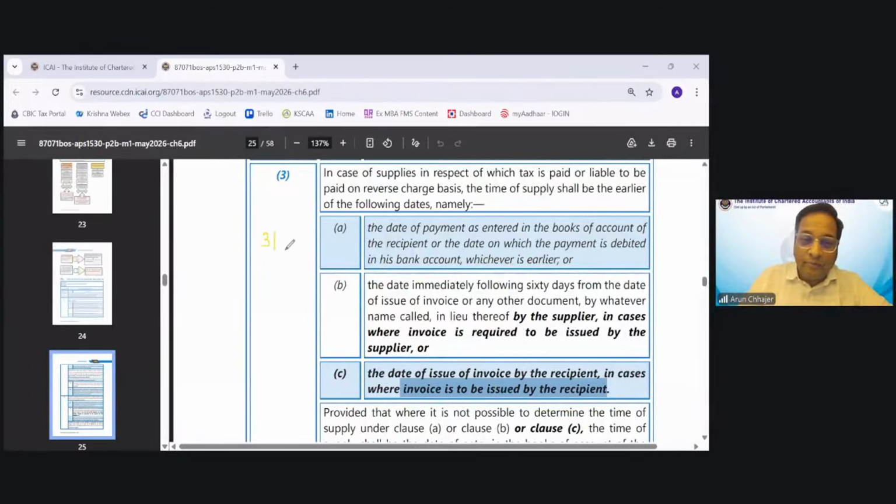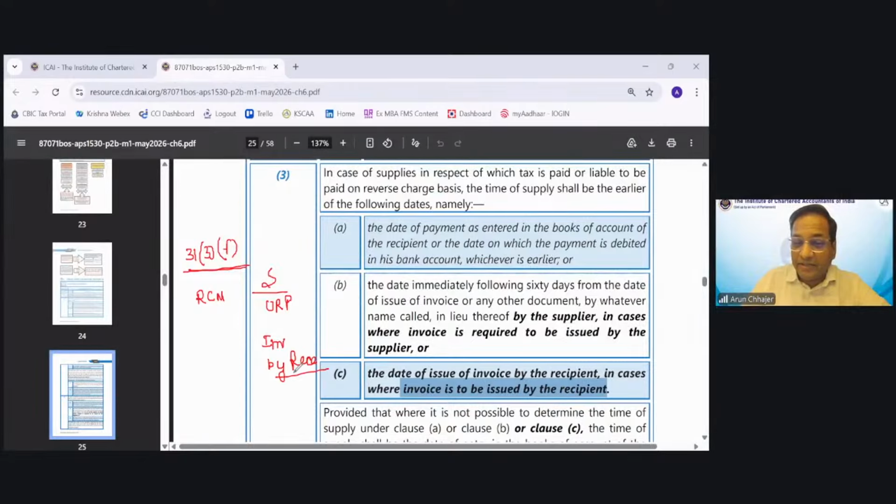Yes, now absolutely correct, Navneet. I'm writing the section number so that you can connect. You can read section 31 subsection 3 clause F. It says that in case of RCM, if supplier is unregistered, then invoice will be issued by the recipient.